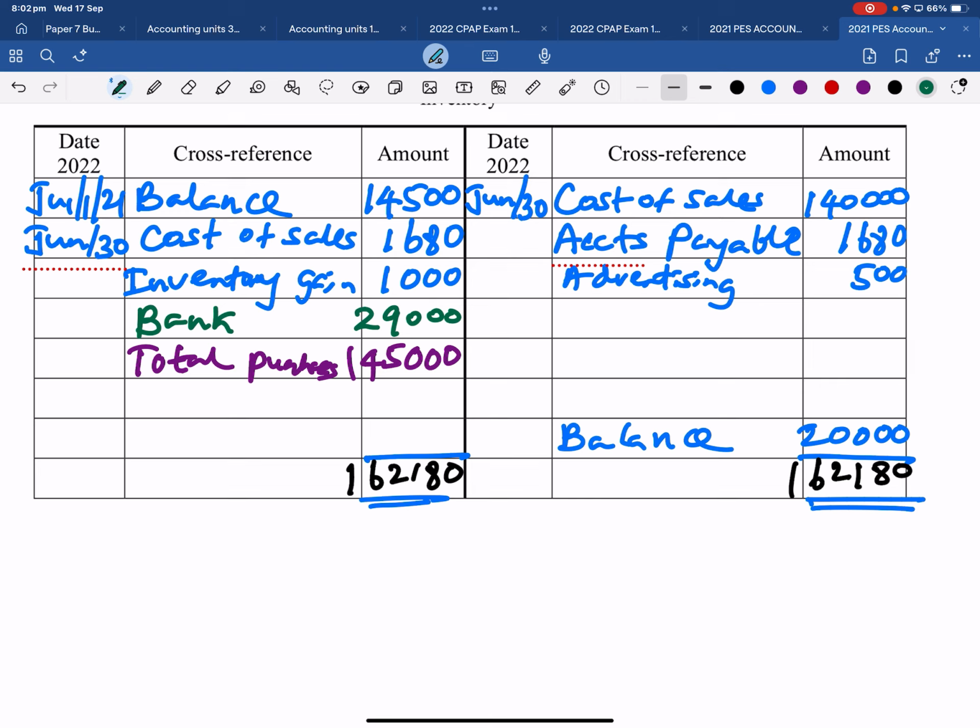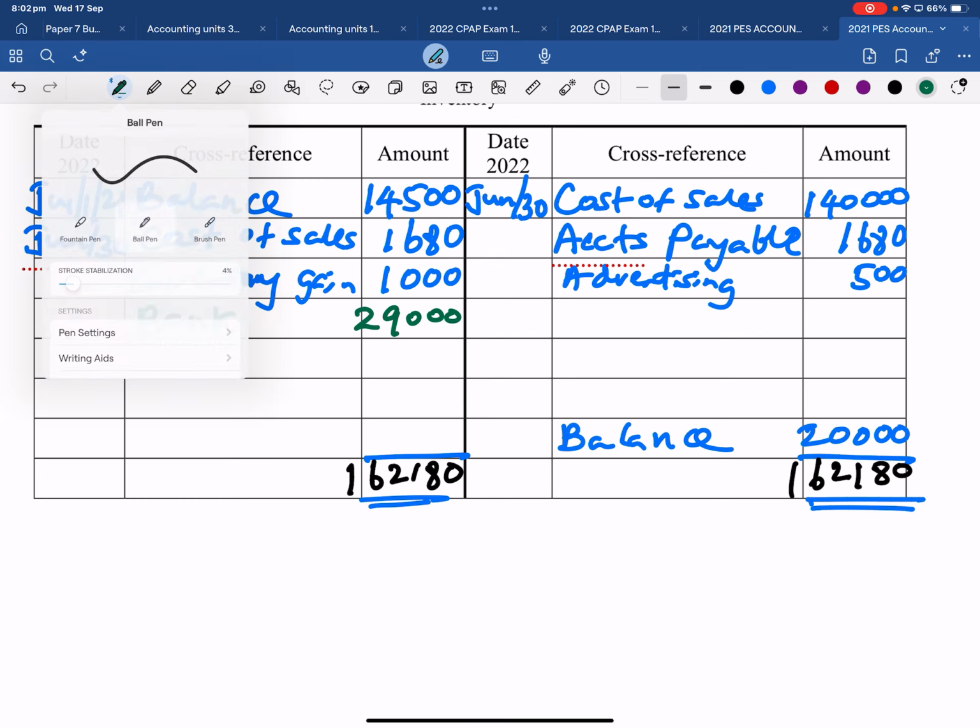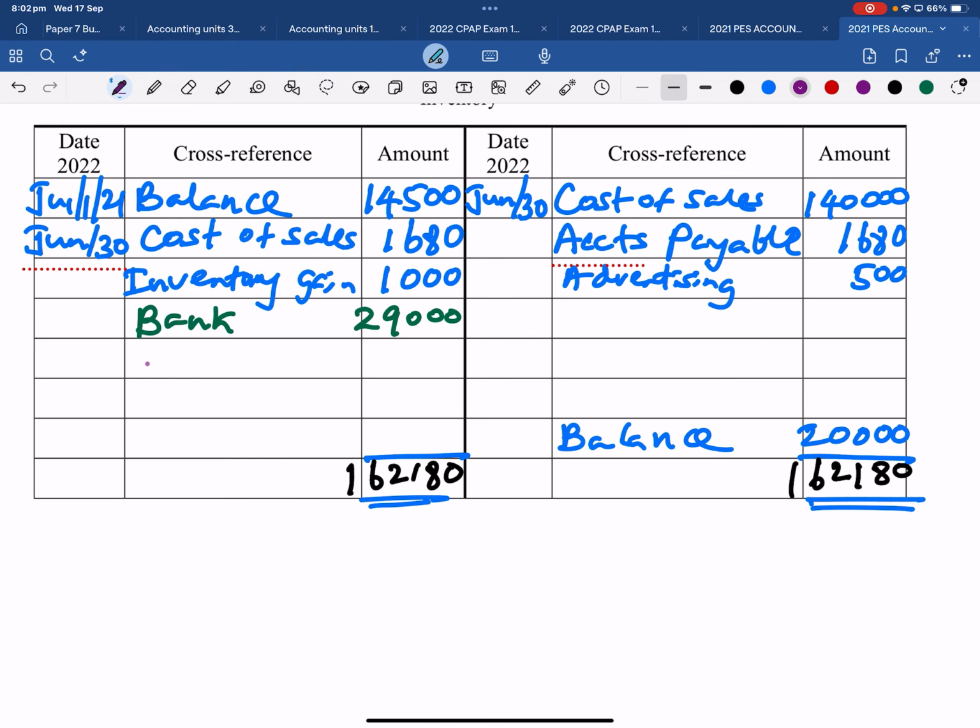Then the remainder is 80%. 80% of that one will be 116,000. Yes, 116, then what do we do? What do we say for that one? 116,000 will be, what is it?